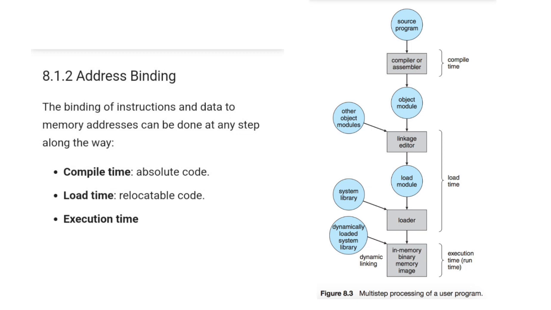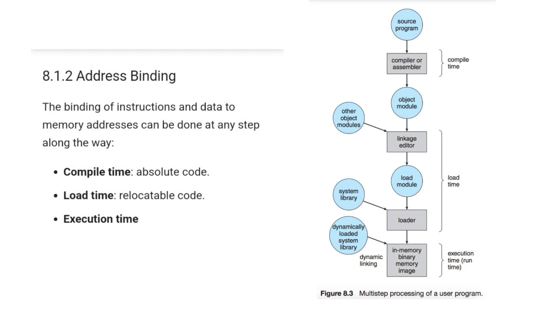If it is known at compile time where a program will reside in physical memory, then absolute code can be generated by the compiler, containing actual physical addresses. However, if the load address changes at some later time, then the program will have to be recompiled.